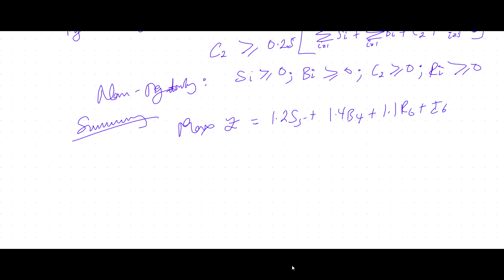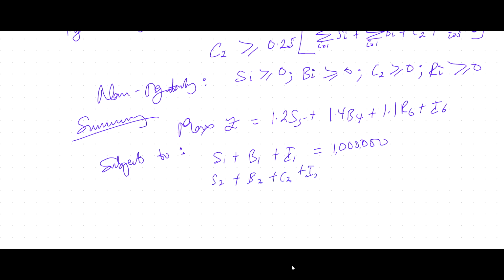And you say that this is subject to all the constraints, where you see S1 plus B1 plus I1 is equal to 1 million, right? Then you see S2, B2 plus C2 plus I2 minus I1 is equal to 0.